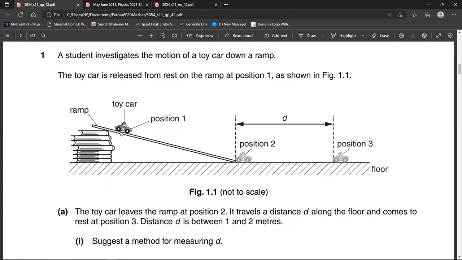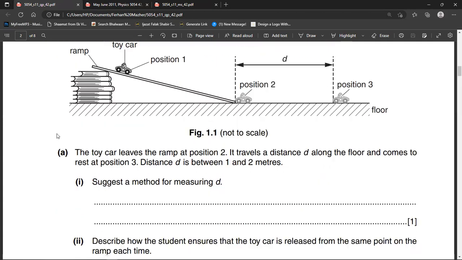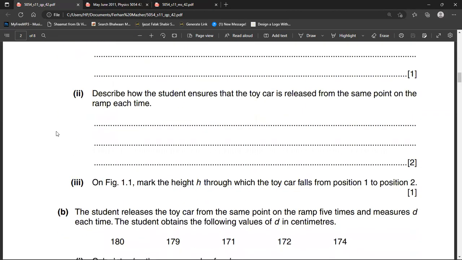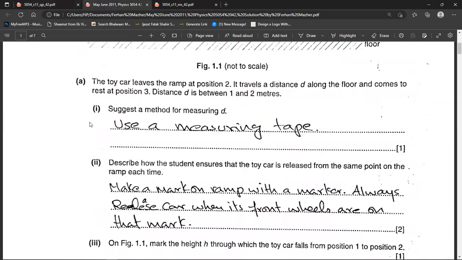And every time you release this toy car on the ramp, put the front wheels on that mark. So in this way, it's possible for you to always release the car from the same point on the ramp.